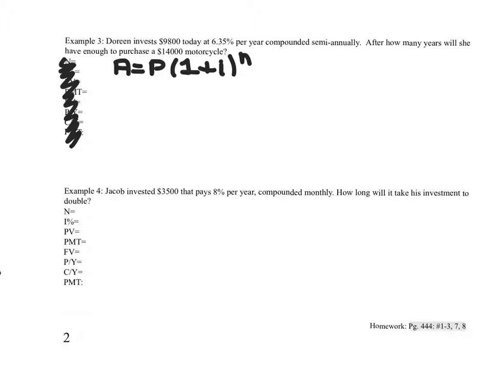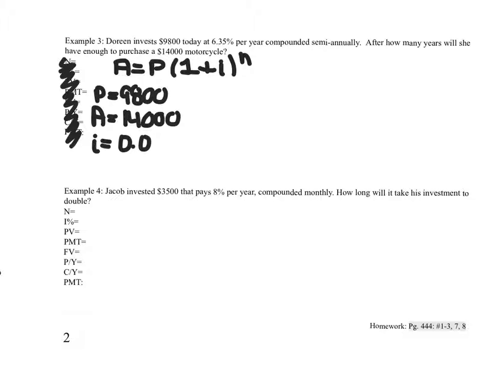We know that the principal value is 9,800. And we know that in the end, Doreen wants 14,000. We know the interest rate is 0.00635 because I just converted it, just by dividing by 100.